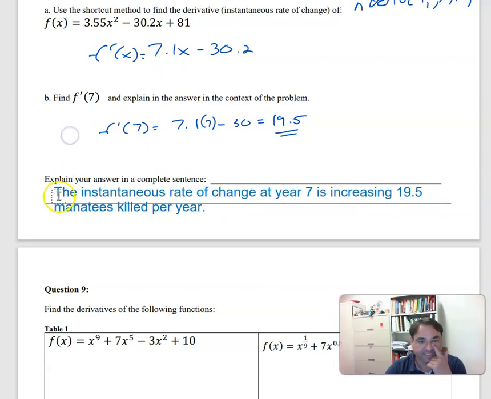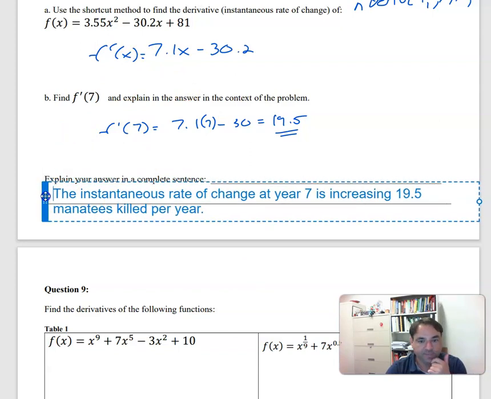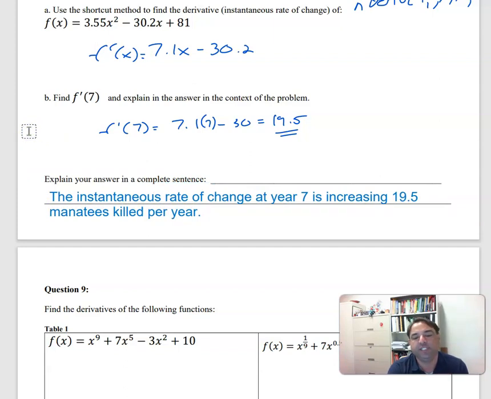So in this case, the instantaneous rate of change, not the average rate of change, the instantaneous rate of change from year 7 is increasing 19.5 manatees killed per year.